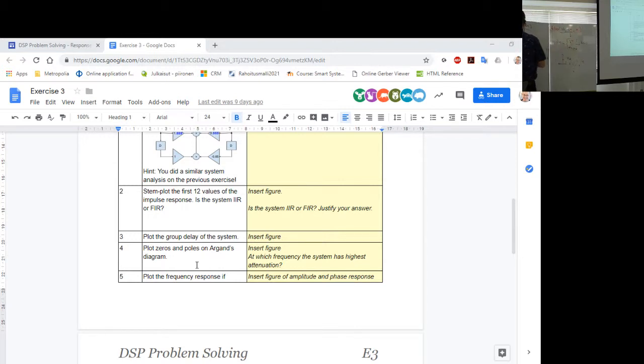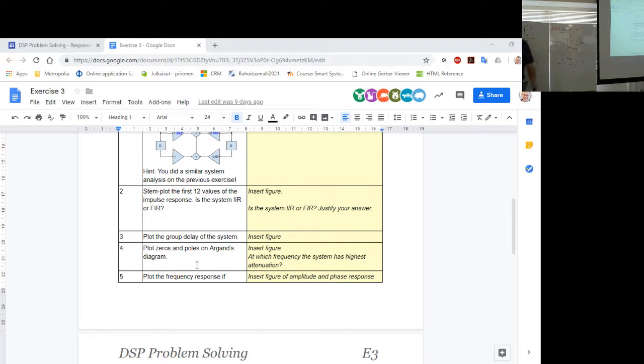We have the frequency response. Frequency response has two parts: the amplitude and phase response. Amplitude response, for example, like that, and then the phase response, something like maybe that.